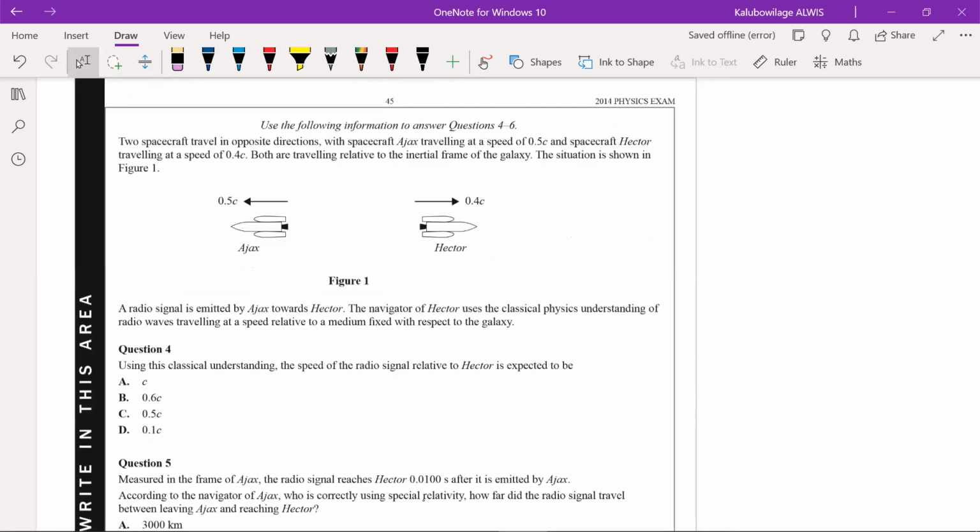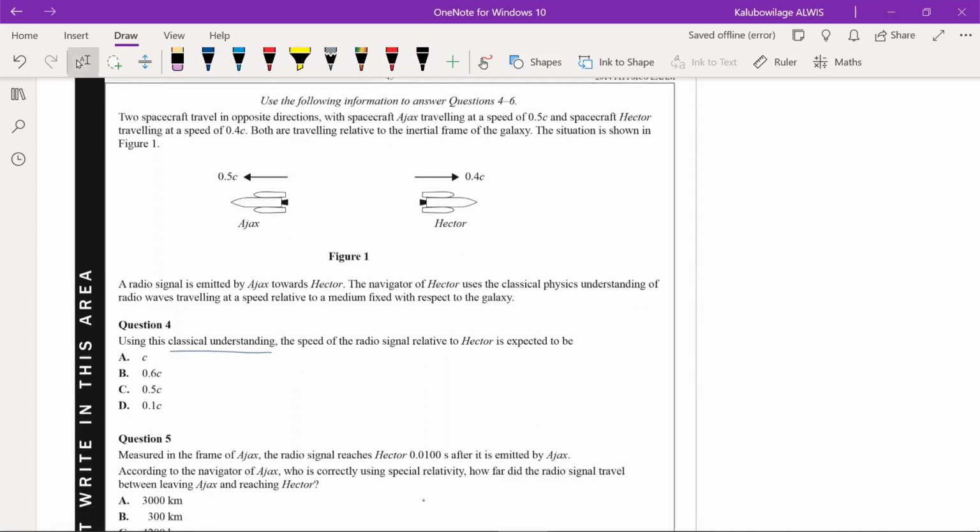Two spacecraft travel in opposite directions. Both are traveling relative to the inertial frame of the galaxy. 0.5, using the classical understanding, speed of the radio signal relative to Hector.